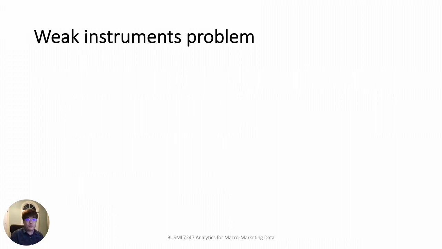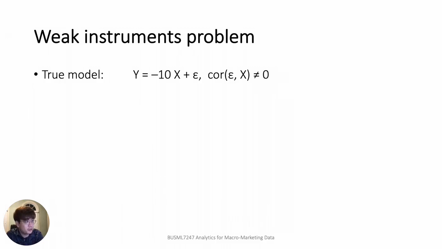Here's an example of the weak instrument problem. I generated data from this simple equation. The independent variable x is endogenous because it is correlated to the error epsilon. And I generated two instrument variables.